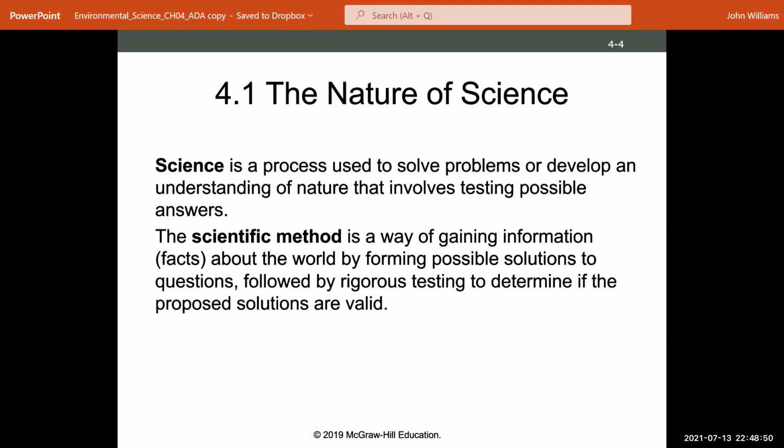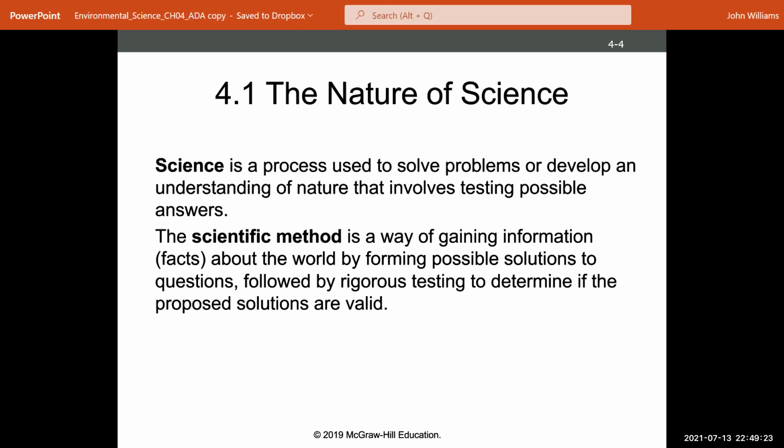And in a broad general sense, the basic foundation of science is this process that's used to solve problems or develop an understanding of nature that involves testing possible answers. So basically, in a nutshell, in science, you make an observation, you're curious about why that observation happens, and then you go and test possible answers to that observation.